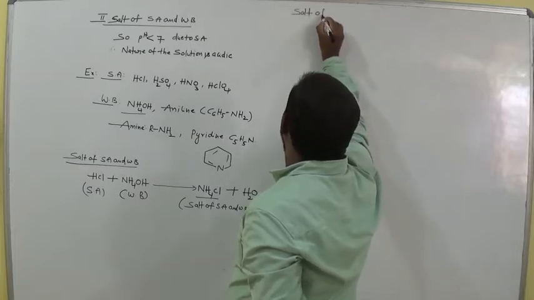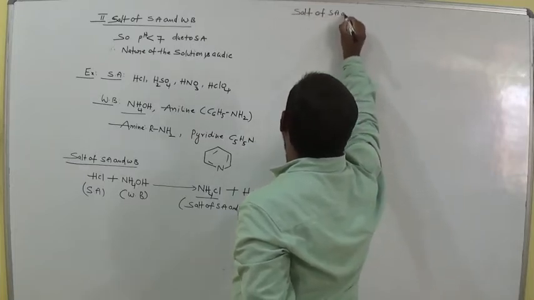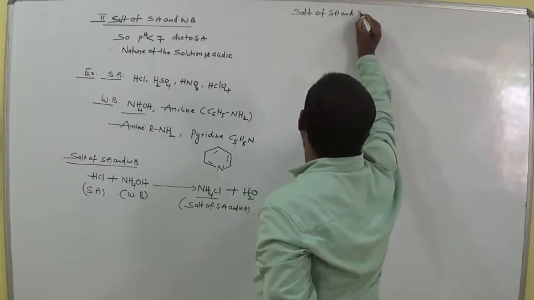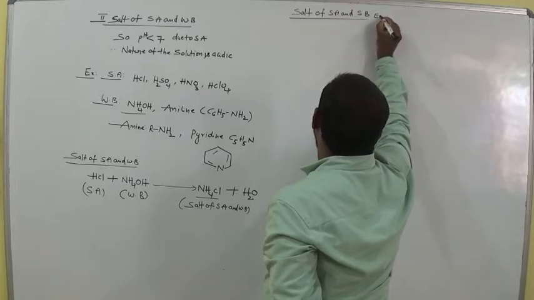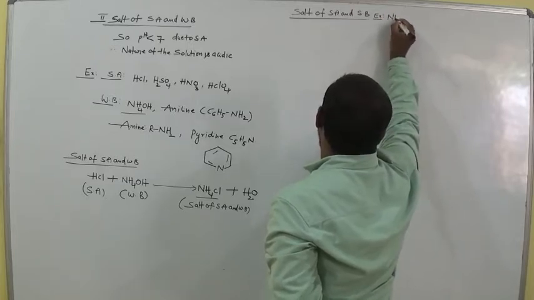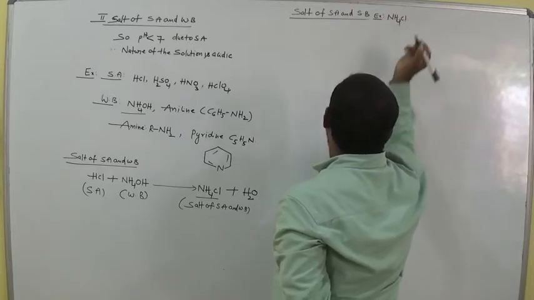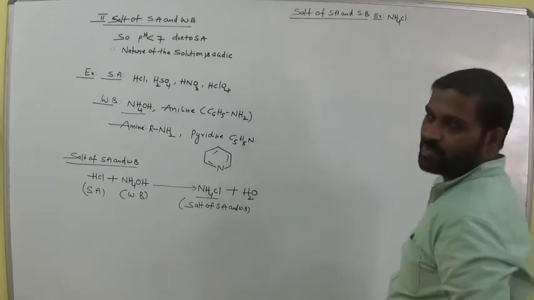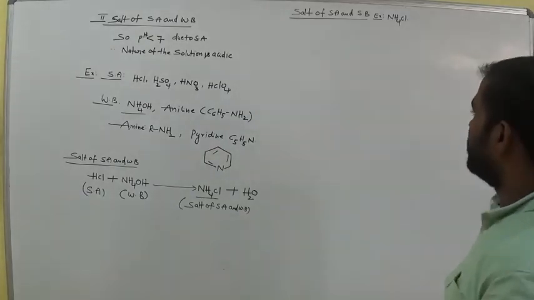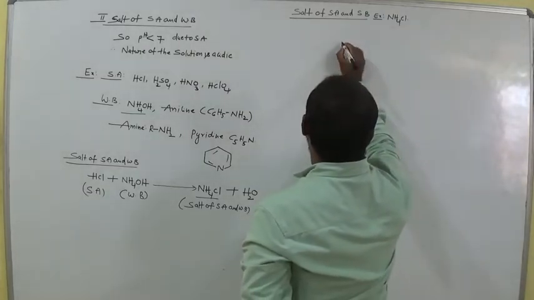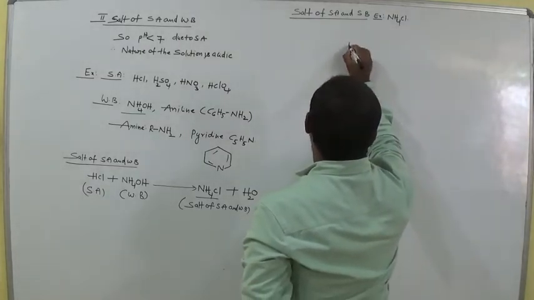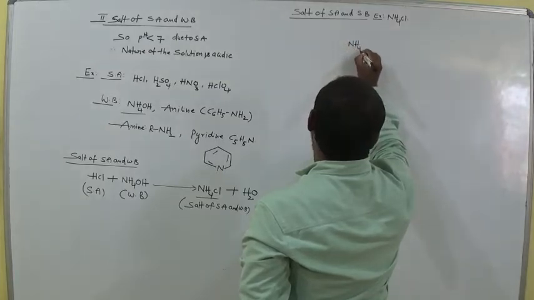Now, the salt of a strong acid and a strong base... its example is ammonium chloride, am I right? Ammonium chloride is an example of a salt of a strong acid and a weak base. Let's see, this is ammonium chloride.